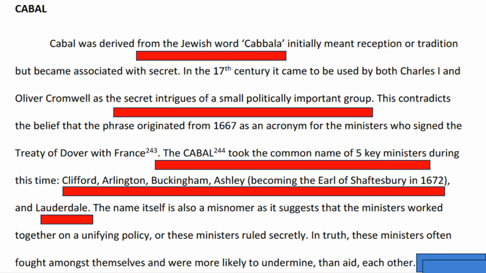Now, this author is insinuating that the cabal is taking the name from these five key ministers, hence, cabal is capitalized. However, that is not accurate. You can't have both of those things going on unless they were very strategic in selecting these officers in order to spell out cabal. I wouldn't put anything past these people. But at any rate, there are a number of offerings with respect to where this construct of cabal came from. But what we do know is that it is related to this idea of ruling secretly.